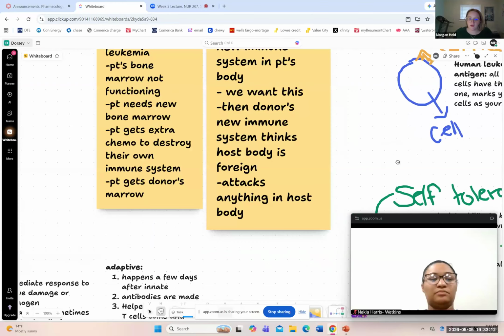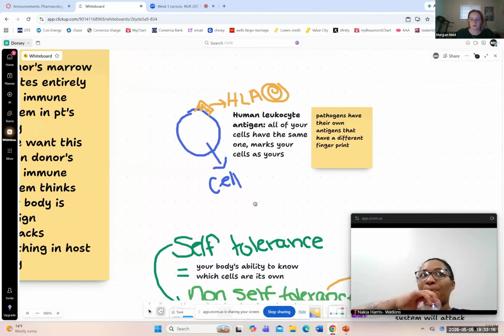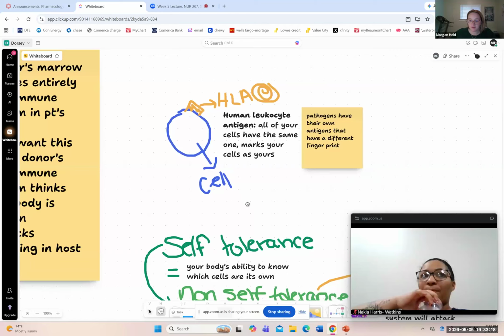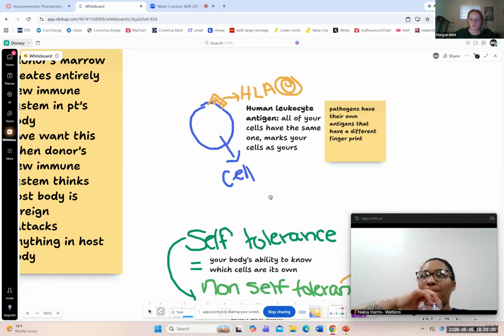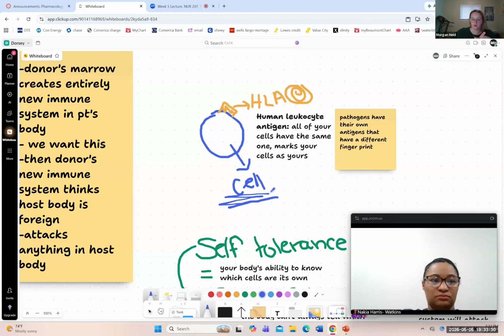It is called a human leukocyte antigen, or HLA for short. It's the human's version of the fingerprint on that cell. It marks it as yours.